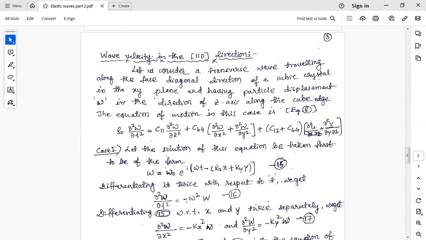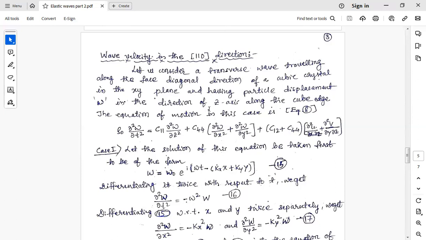As case 1, let us now consider a transverse wave traveling along a face diagonal direction of a cubic crystal, because this is a 110 direction. So we have to assume that the wave is propagating along a face diagonal.